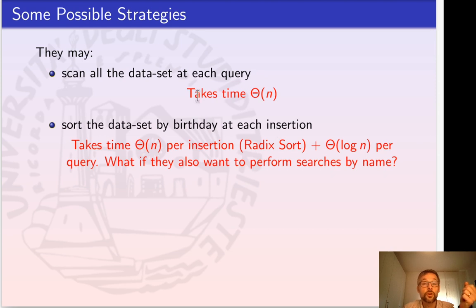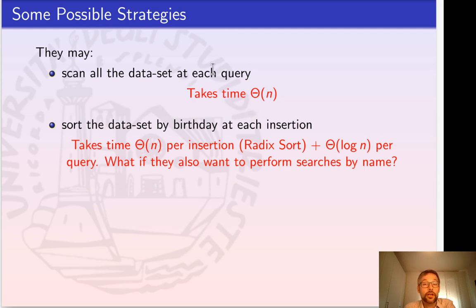So the lower bound complexity for this strategy really depends on the data structure you use to store the database. If for each cell of the database you store a person, the complexity is theta of n.